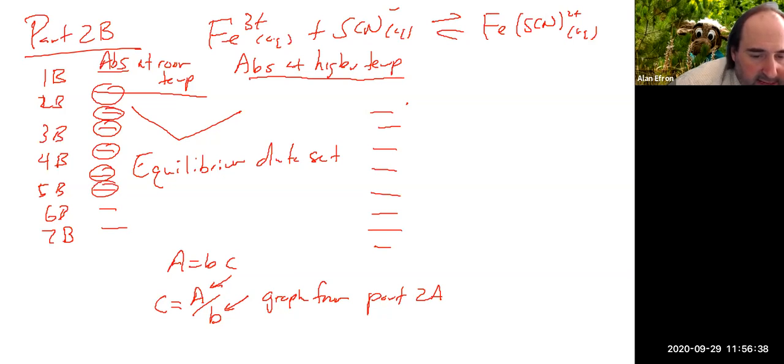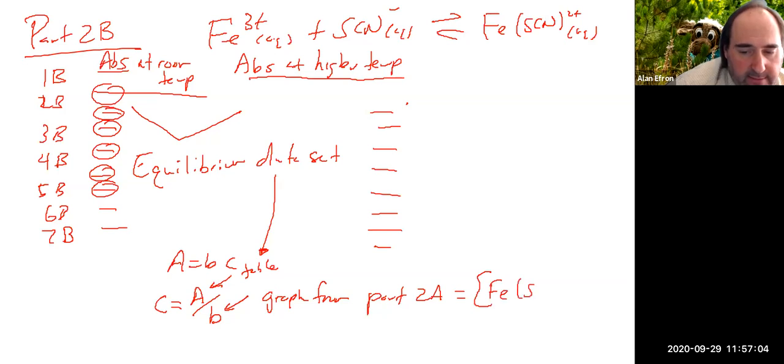So you have to do part 2A first to get your Beer's constant. Once you get it, you can convert your absorbance values for part 2B into concentrations. It is going to be the concentration of your product at equilibrium in part B.